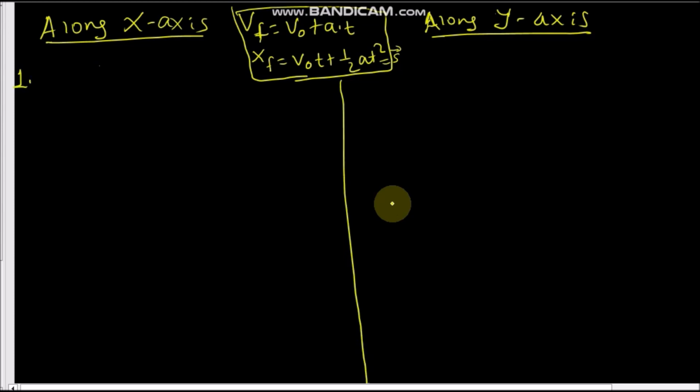Let's see the first case. The final velocity across the x is equal to the initial velocity across the x, because when the object is initially projected, it has its own initial velocity across the x, plus the acceleration times t. Along the x-axis we have only the horizontal acceleration, which is equal to 0, because for horizontal projection the horizontal velocity is constant.